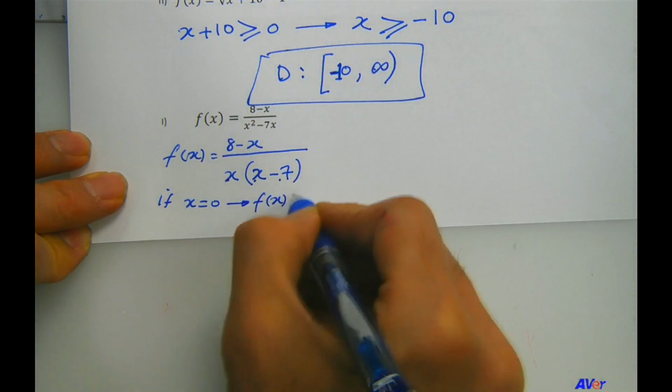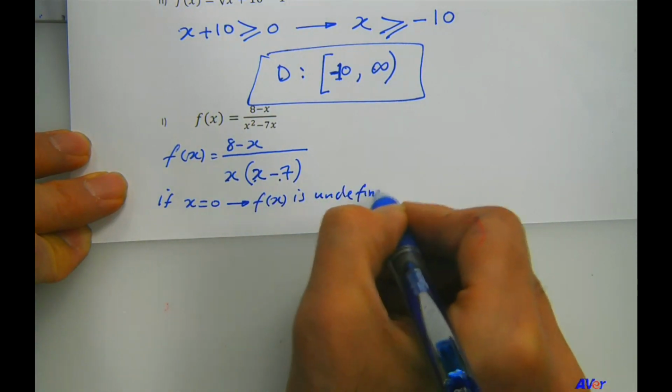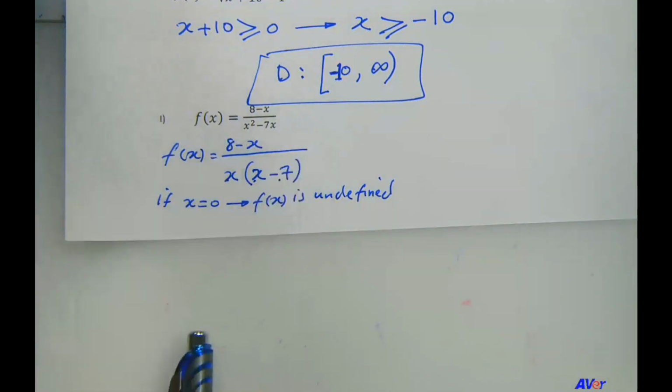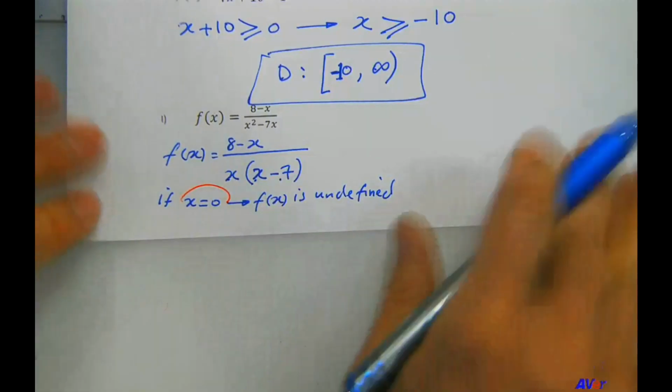f of x is undefined, right? So one of the x values we need to exclude is x equals 0. How about the other value?